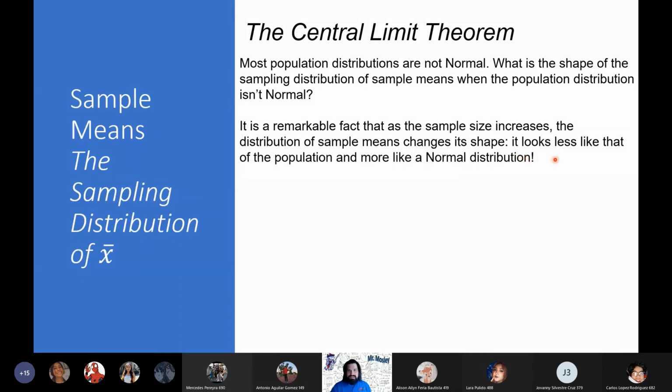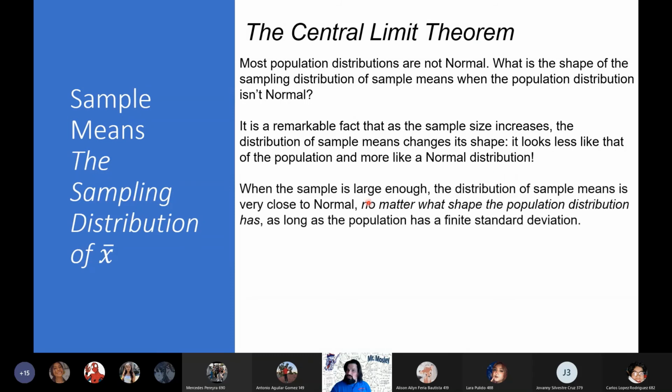It looks less like that of the population and more like a normal distribution. Right? When the sample is large enough, the distribution of sample means is very close to normal, no matter what shape the population distribution has, as long as the population has a finite standard deviation.